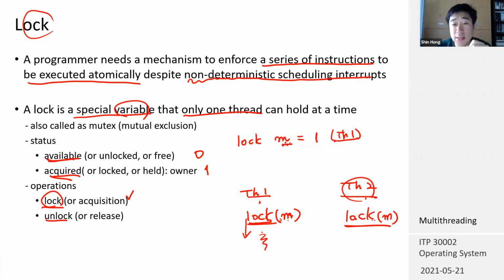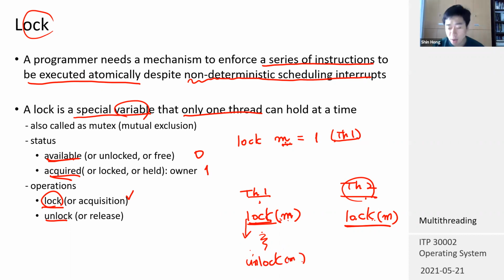So in all cases, it is guaranteed that the thread who sees the lock variable as available is at most one. At most one thread can see the lock variable as available. So it will be blocked.